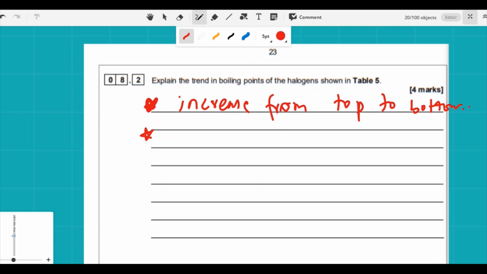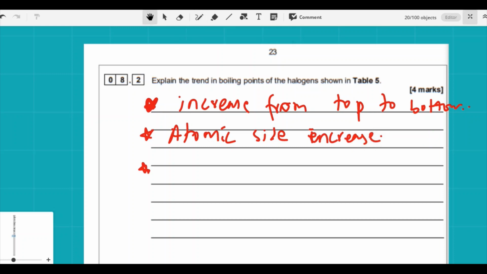Because the first one, the atomic size increases. The second case you can write, because that is a 4 marks question, so you have to write as many possibilities. So here the second one, that is the molecular mass increases, atomic masses increase, and also there will be intermolecular forces increases.